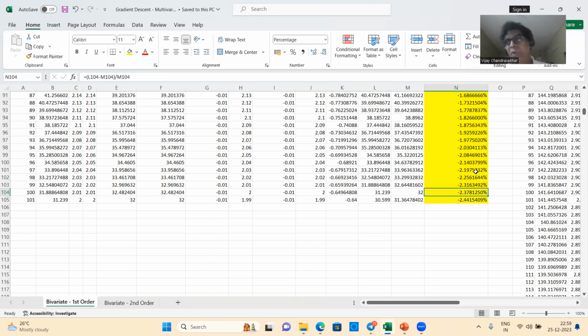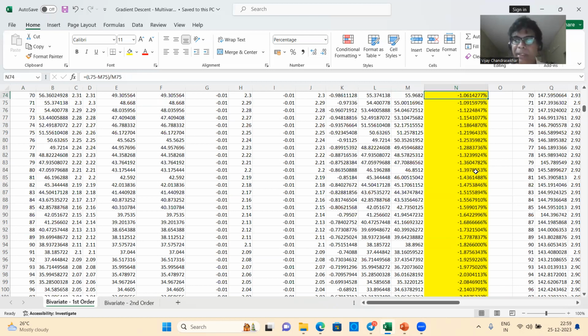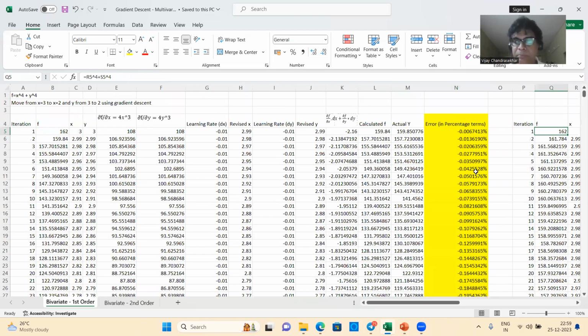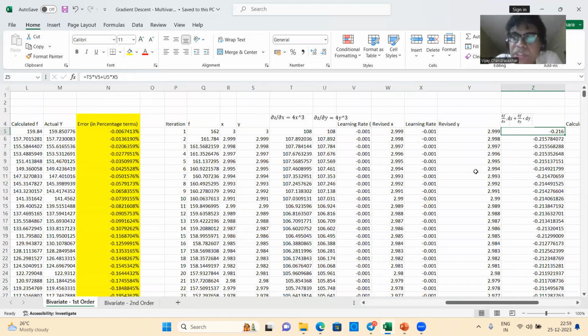So what do we do? Let's see. We try to make it a little better. Look for a better approximation. We use the same template. Nothing changes. All that we do is play around with the learning rate. So instead of using negative 0.01, we plug in negative 0.001. Now let's see what happens.